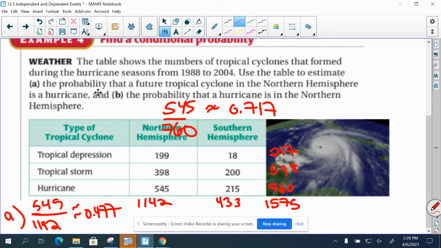The given here is given that they are in the northern hemisphere, but the given here is given that it's a hurricane rather than a tropical storm or a depression. You have to be careful that you're reading the question correctly, because if you don't, you'll find the wrong answer.